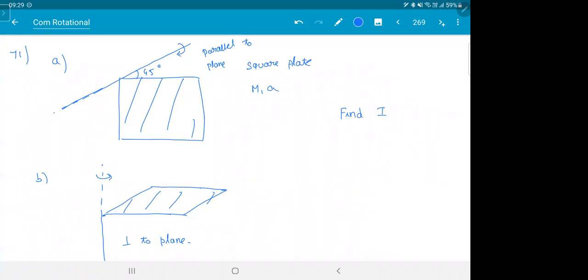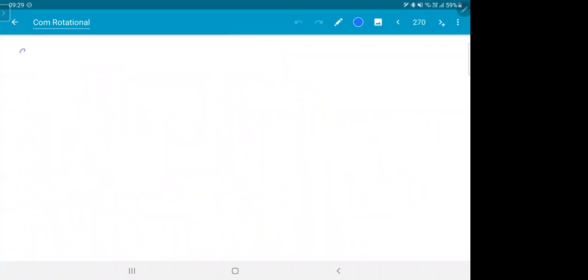See, we have to use the parallel axis theorem, but before that, we need to find the center of mass moment of inertia first.